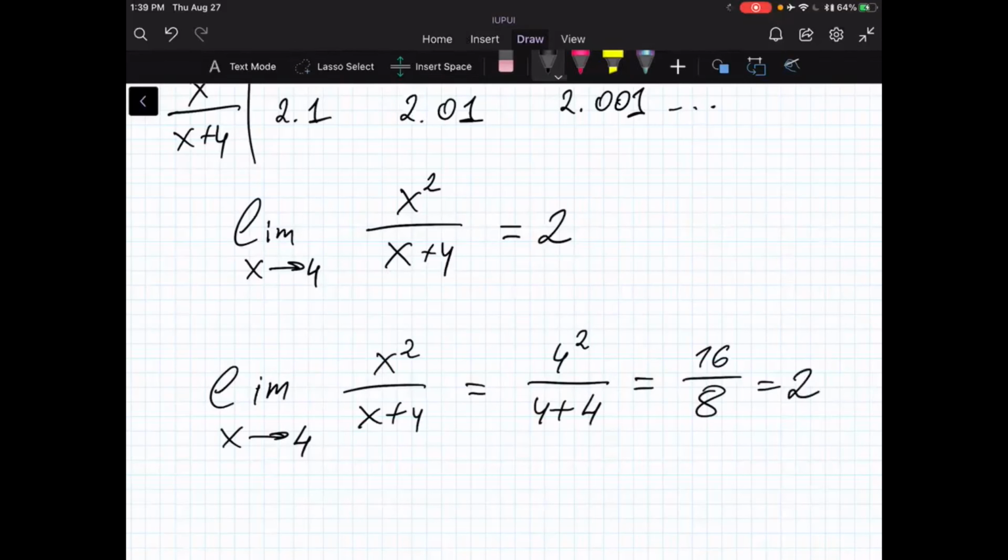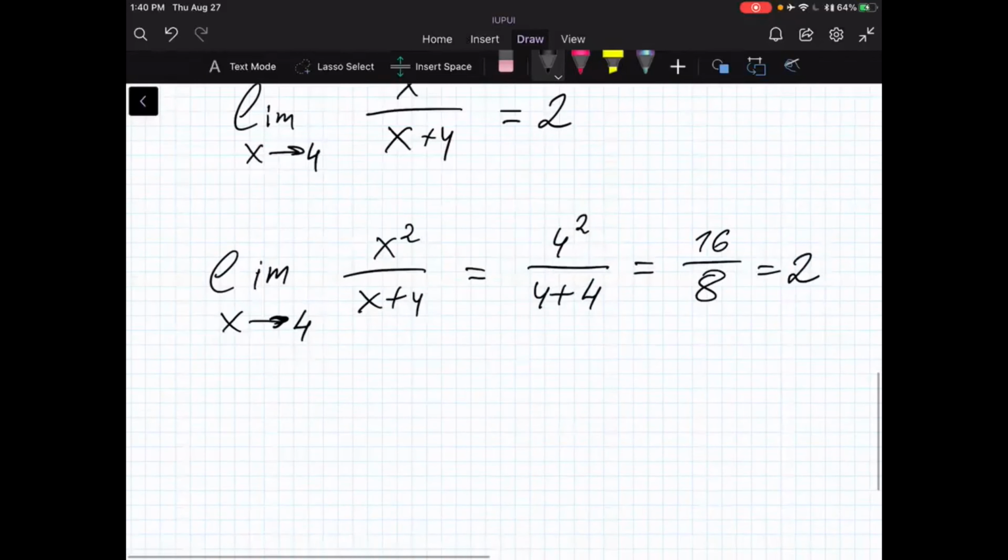And in fact, in this case, it is right, but we will see that it's not always true that you can just substitute the value of x into your function and get the limit, because sometimes you may get a discontinuous function. That's what we'll discuss at the end of our class, and then it will not be true.